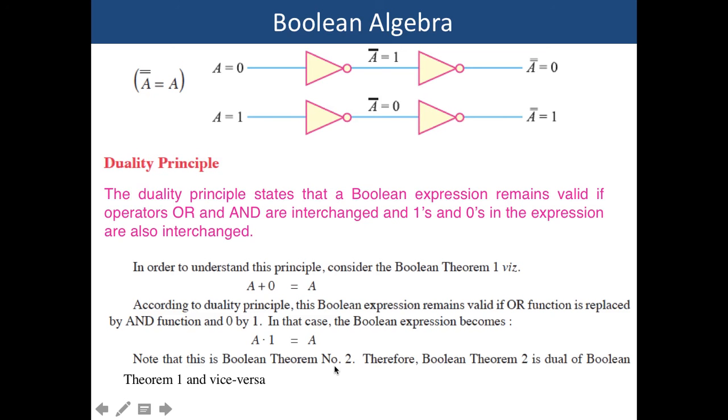What does it mean? Boolean theorem 2 is the dual of Boolean theorem 1, and vice versa.